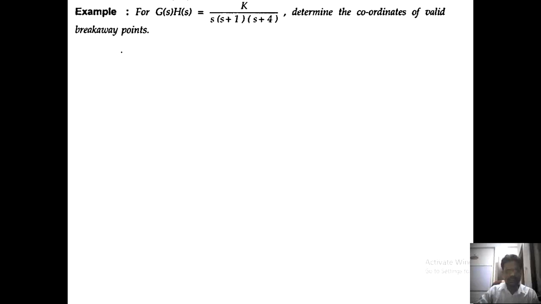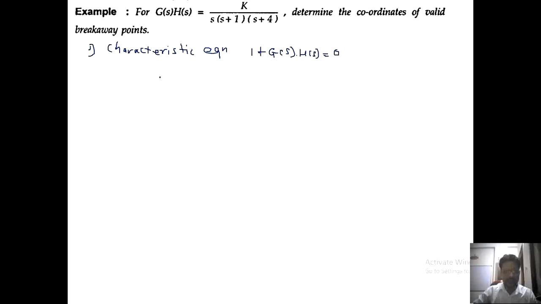So G(s)H(s) is... step number 1, characteristic equation. The characteristic equation is 1 plus G(s) into H(s) equal to 0.